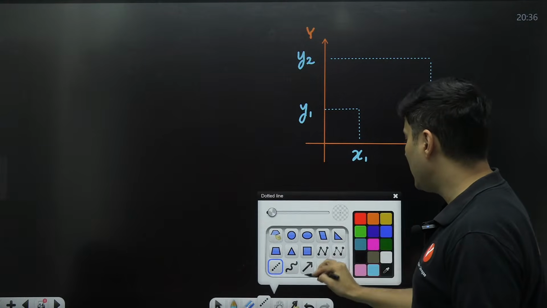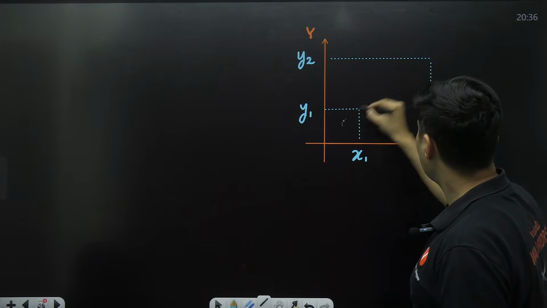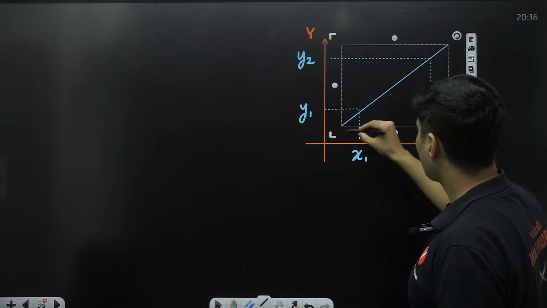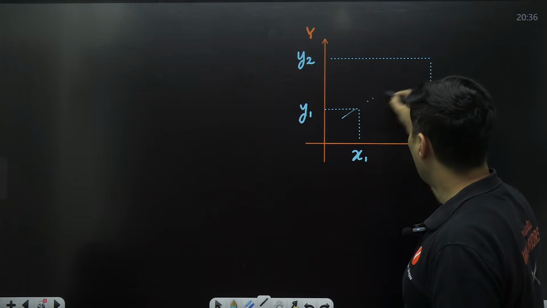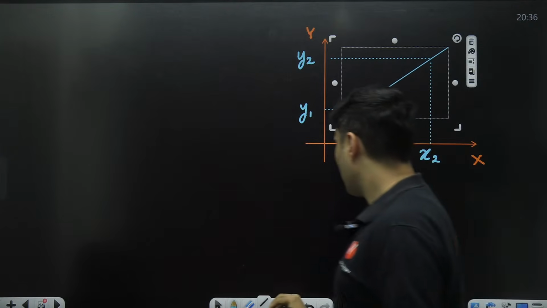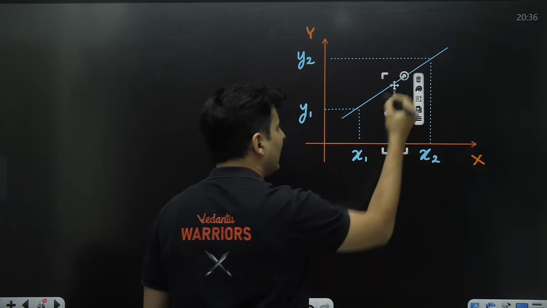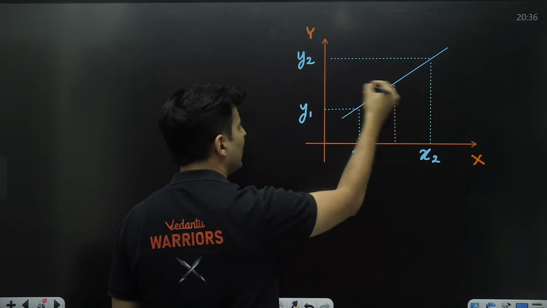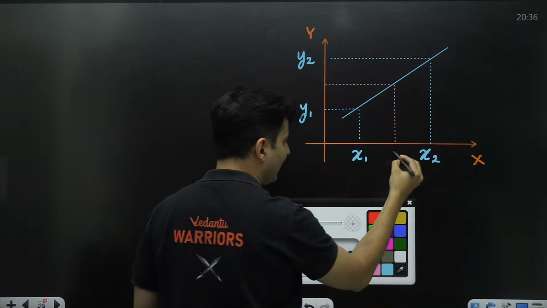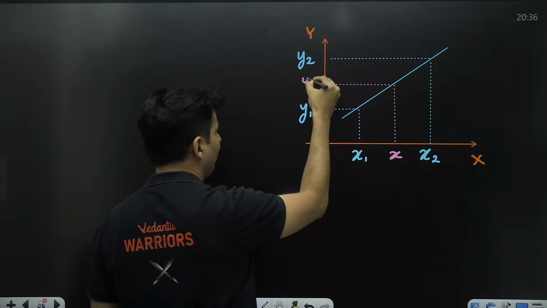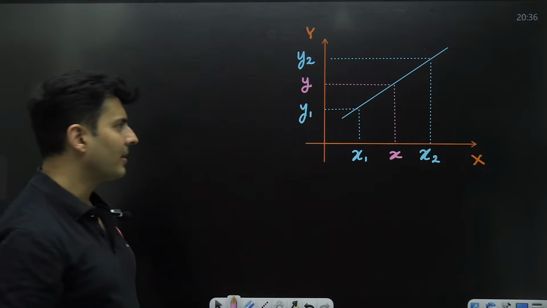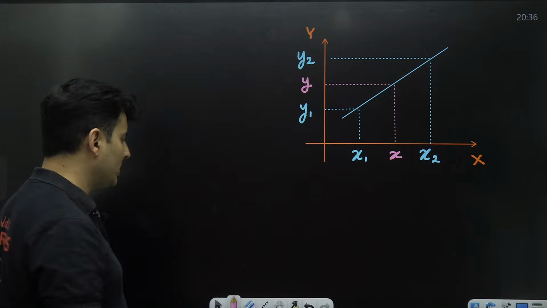Then I can directly say, if I now want to measure in that x scale, if my temperature is some x, how much is that same temperature in the y scale? It is nothing but your 2-point slope form.